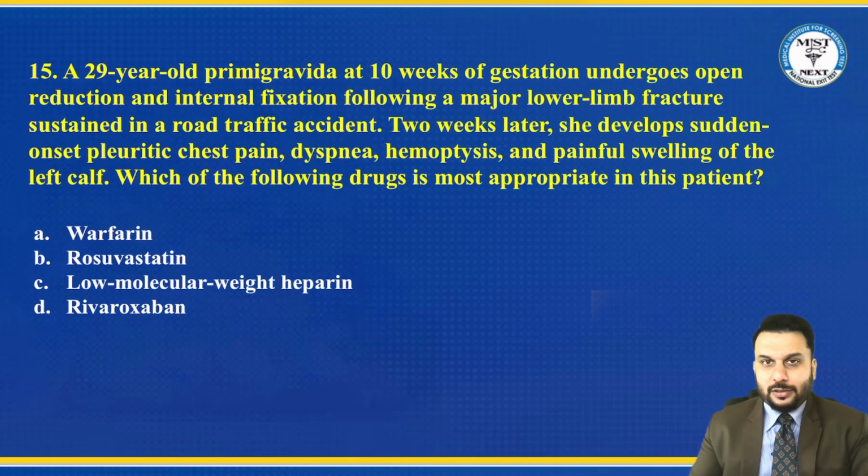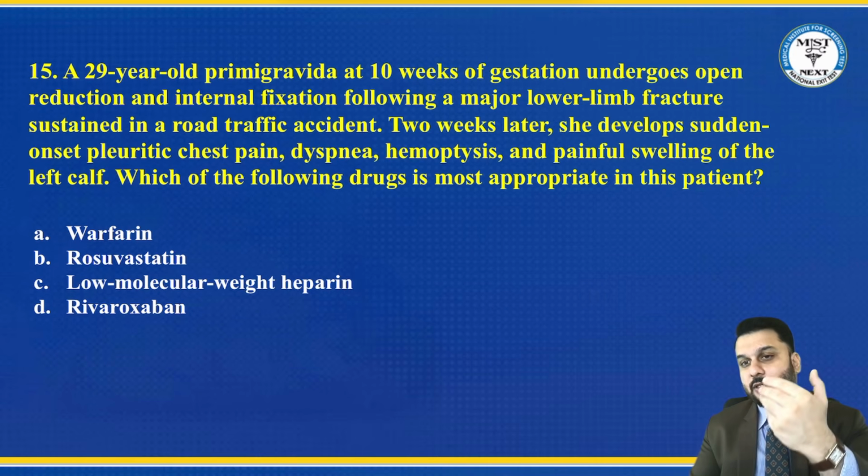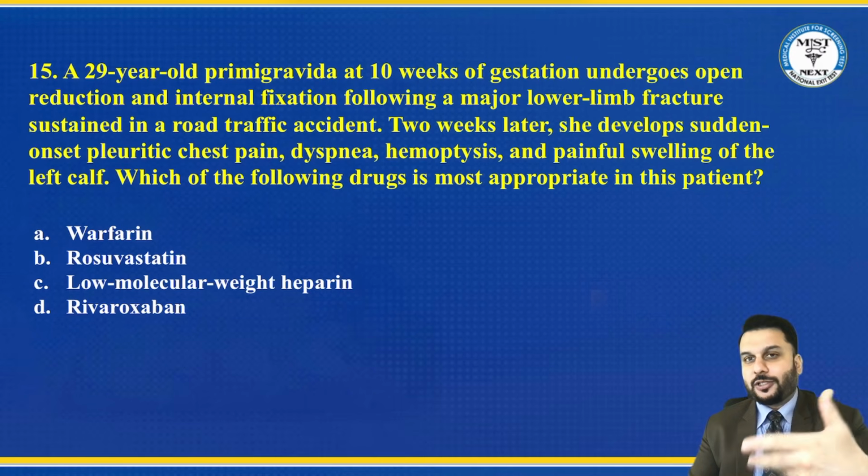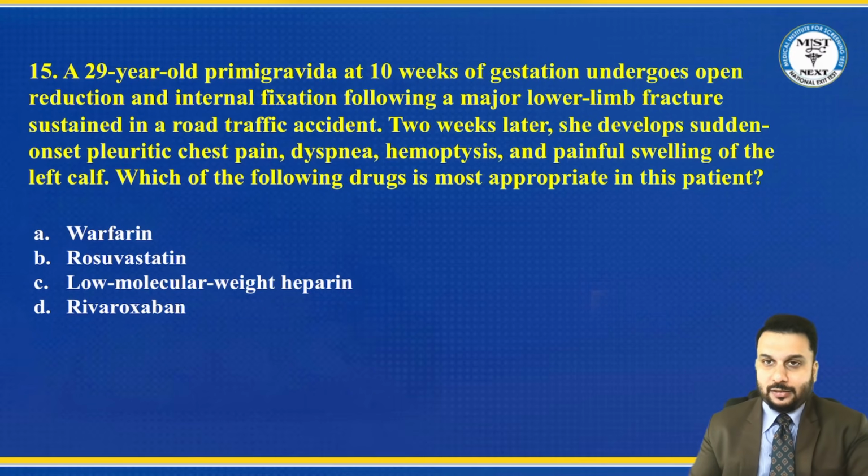As we are seeing, after the RTA, she might have been immobile, and if she was not moving, probably it led to a DVT, and eventually she got a pulmonary embolism. And all in all, pregnancy is considered to be a hypercoagulable state, meaning pregnancy already predisposes you to clotting. On top of that, she was not moving because of the accident.